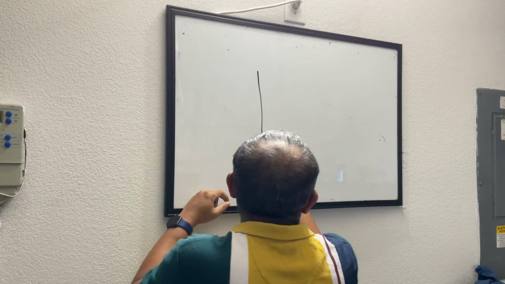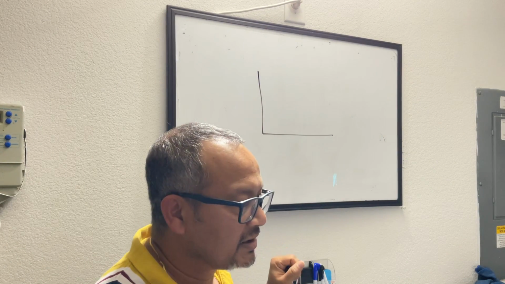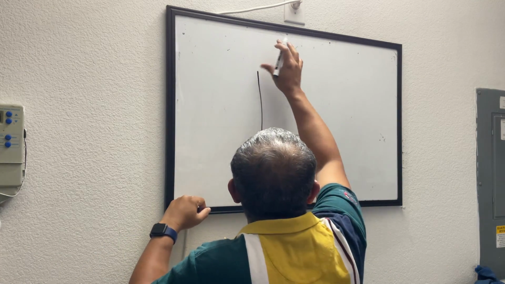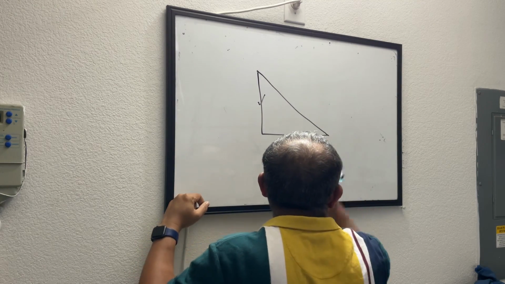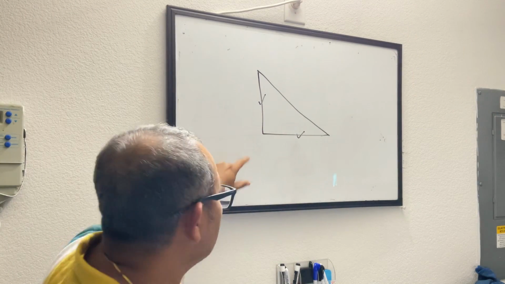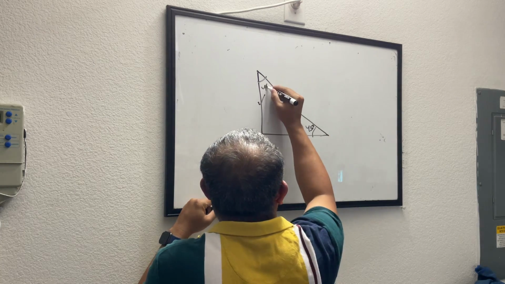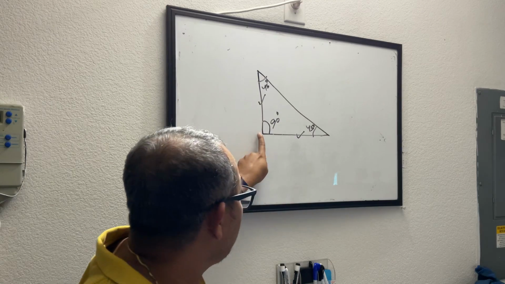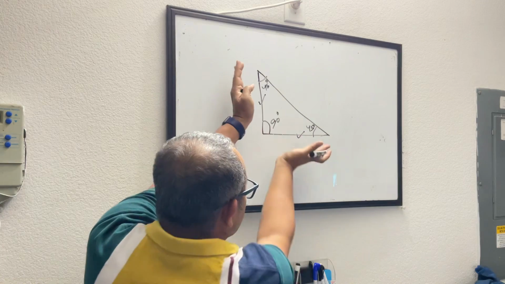Let's say I took a right angle triangle, and on purpose I made sure that this side and this side are the same. So it's a 45, 45, and the last one is 90. So I drew a 90-degree angle, and when it came to picking the length of the sides, I made sure that these two sides are the same length.